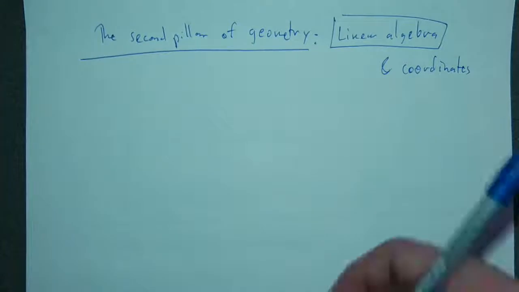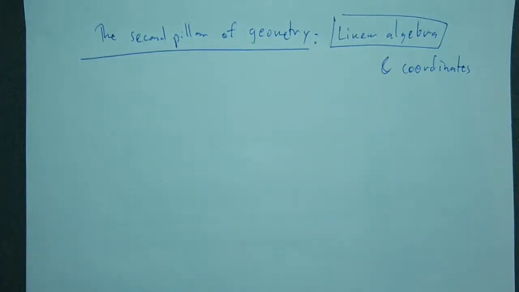But linear algebra is our second pillar, because it turns out that a lot of the things I want to talk about, if I stuck to the Euclidean approach, it gets absolutely god-awful. In fact, let me show you just for your own health.